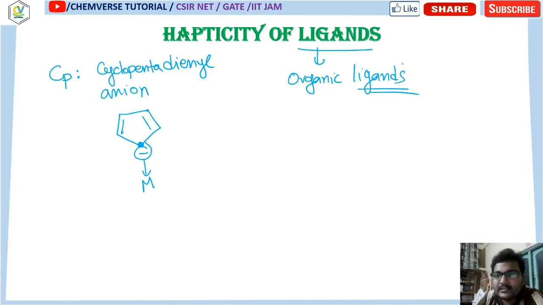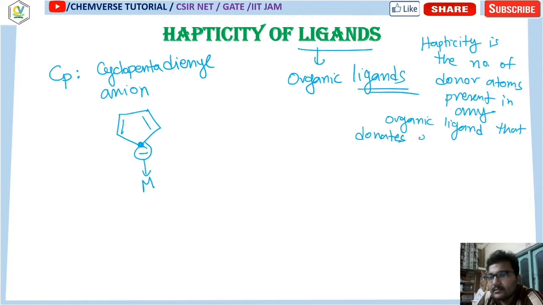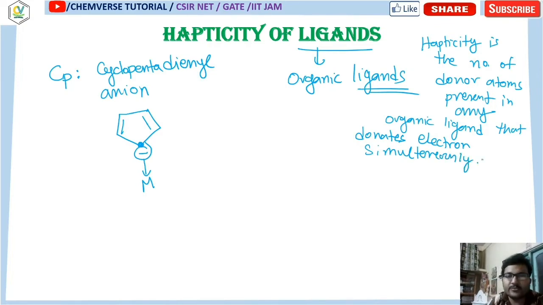So this hapticity is the number of donor atoms present in an organic ligand that donate electrons simultaneously. Simultaneously, how many donor centers are donating electrons? Here, only one center is donating electrons. So this is your hapto 1 Cp.